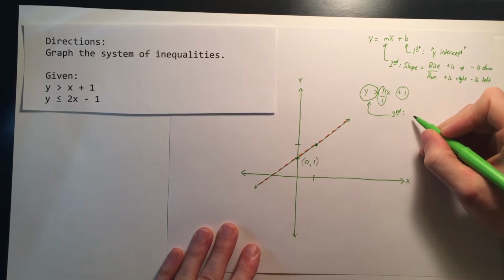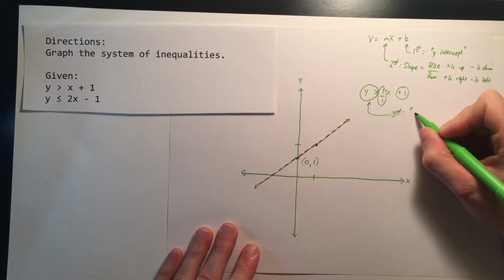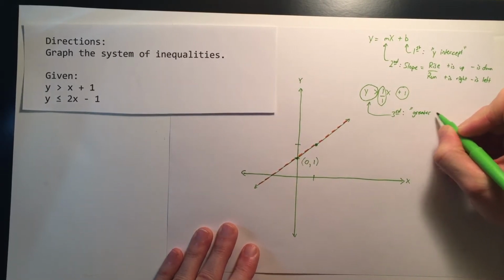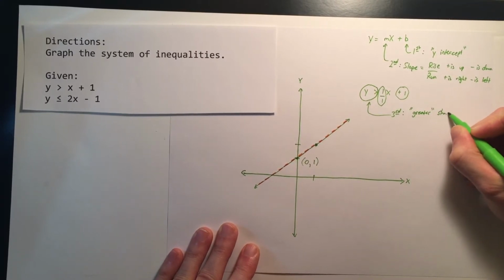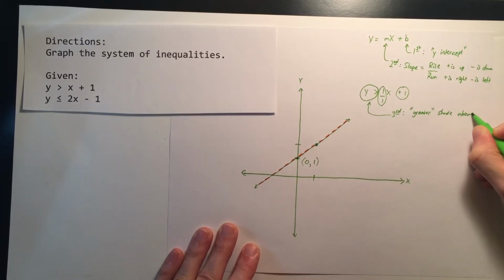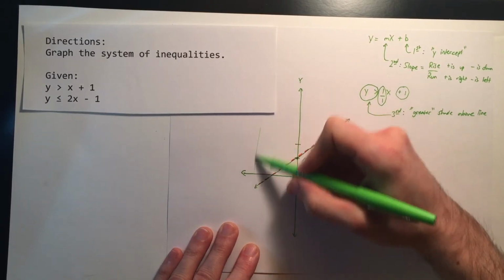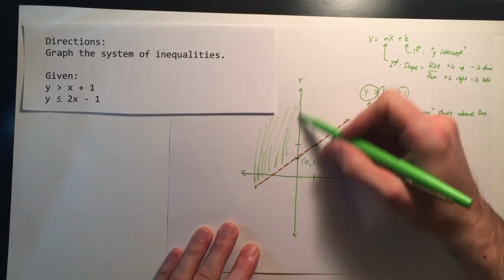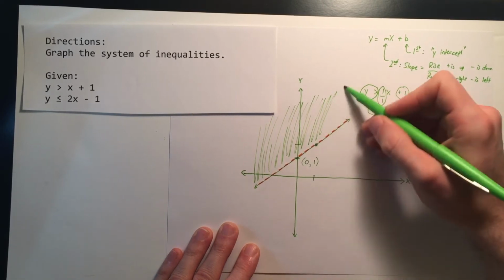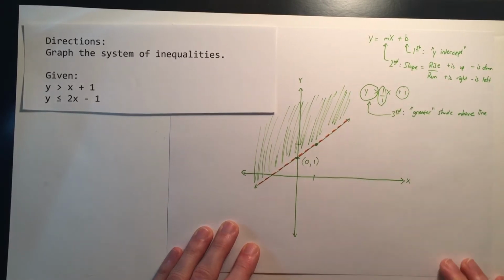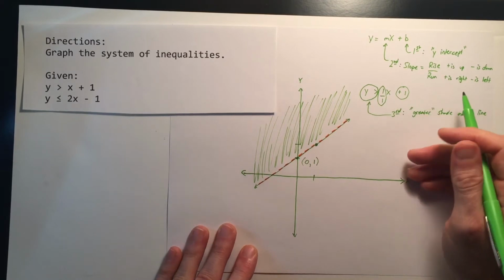That's how you can remember that. And greater means shade above the line. So we're just going to do a little shading there above the line. Remember, this is only true when you're starting in y equals mx plus b format like this.